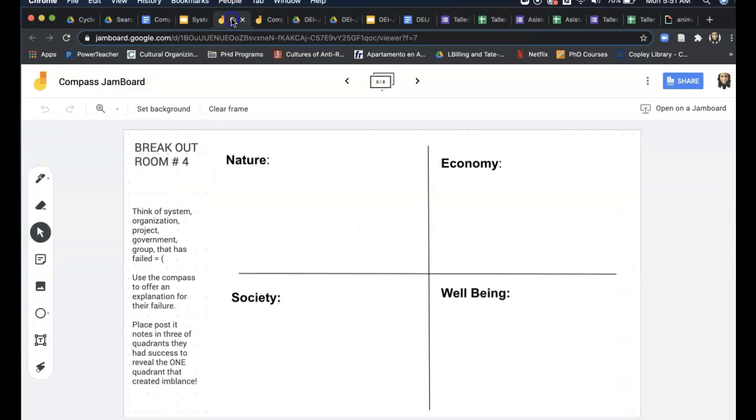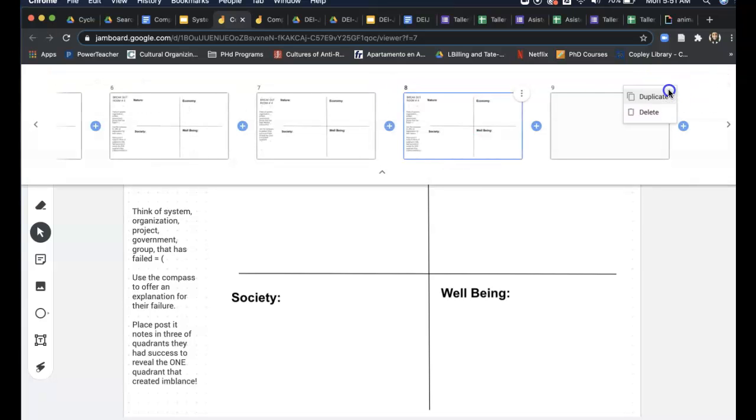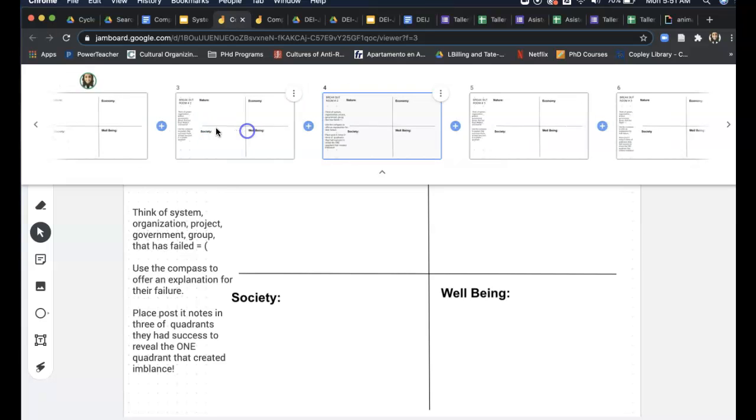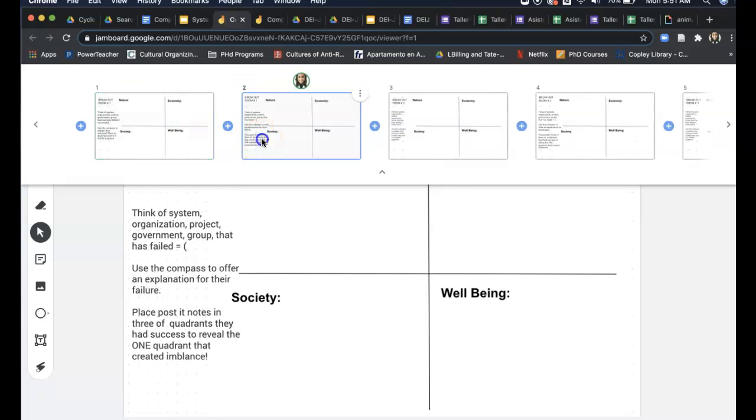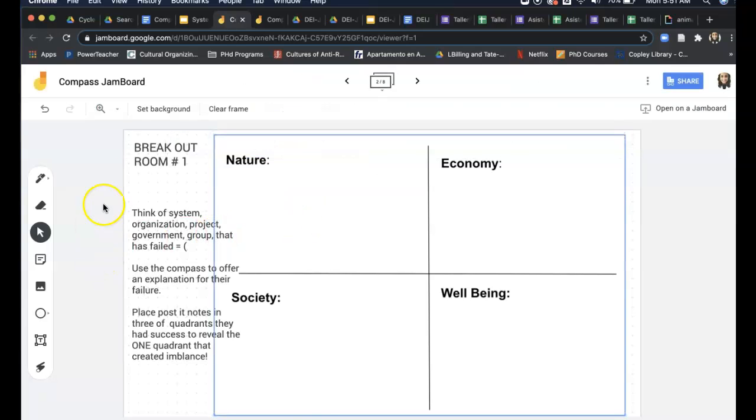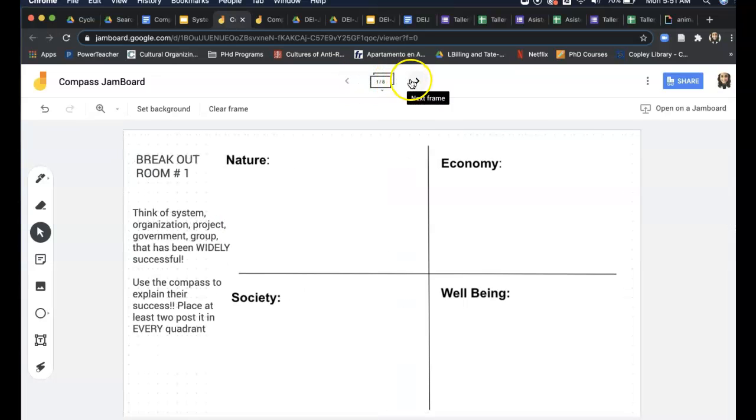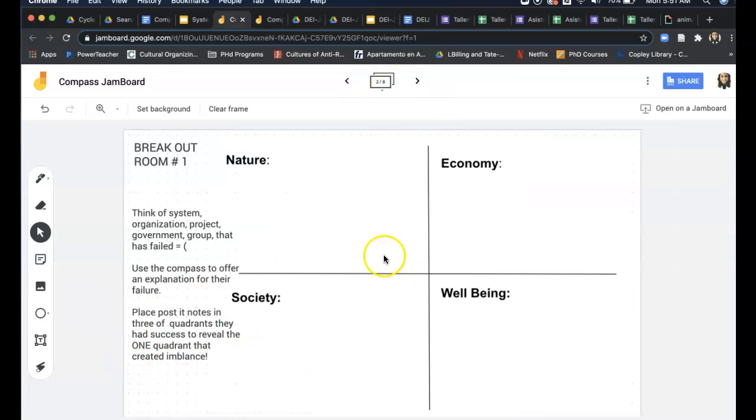And so what will have happened is that all 8 slides or parts of this Jamboard will be filled out, because each breakout room did 2, where they're completing a Jamboard for compass as a way to see success, meaning all 4 of the quadrants are going to be filled, and then compass as a way to identify imbalance. And so one of the quadrants won't be filled because they're going to use the second one to show how compass can help us see imbalance for why things don't work or why things fail.